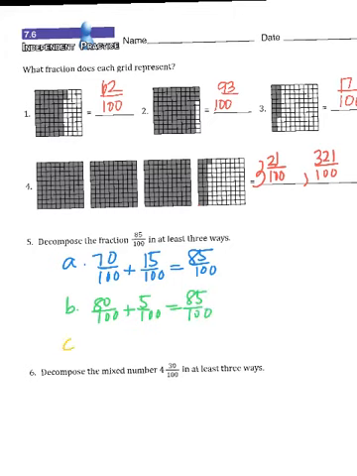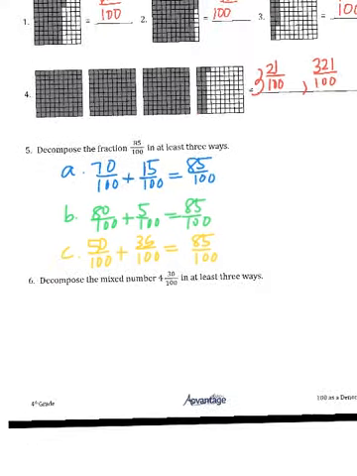And we could try 50 hundredths plus 35 hundredths equals 85 hundredths. All right, are you understanding how to break down these and decompose these fractions? There's lots of different options.